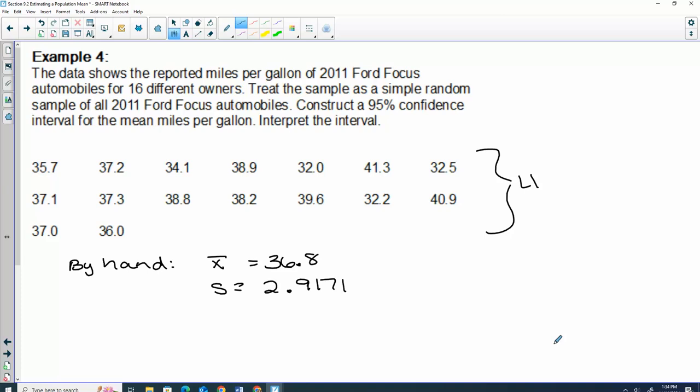Stat, calculate one variable statistics. Okay. If you're getting error, it's because under your frequency list, you have something listed. Just delete that out.